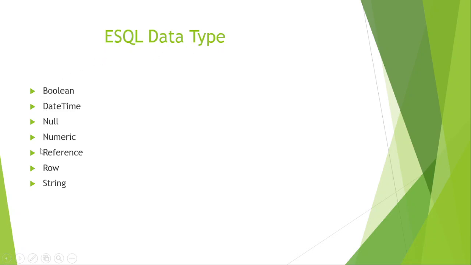There are a total of 7 ESQL data types: boolean, date and time, null, numeric, reference, row, and string. We will be covering each one of them using the toolkit.